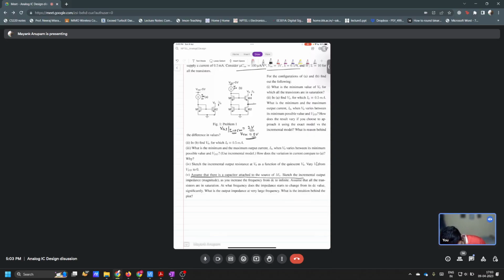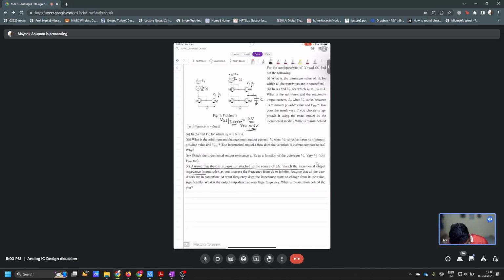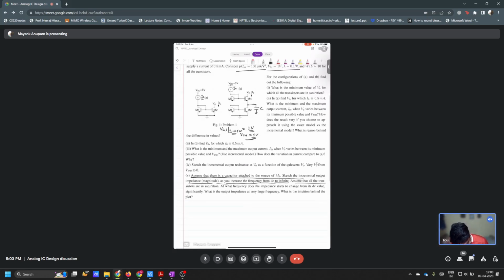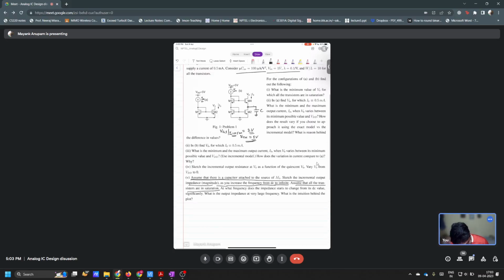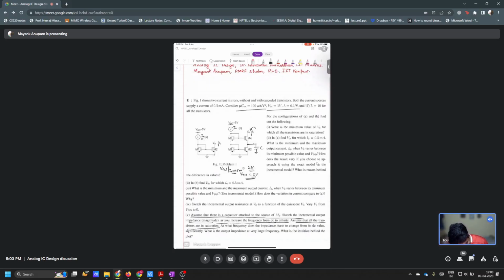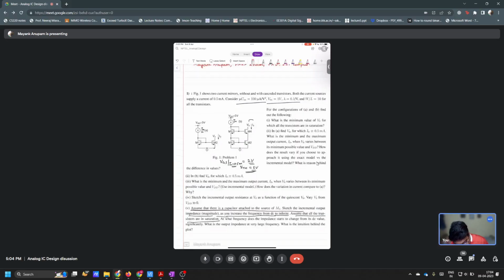So at this source of M4 I have attached a capacitor, C. Now sketch the incremental output impedance magnitude as you increase the frequency from DC to infinity. Assume that the transistors are in saturation. Now tell me, what is the impedance looking out when this capacitor was not here? What is the R out here?